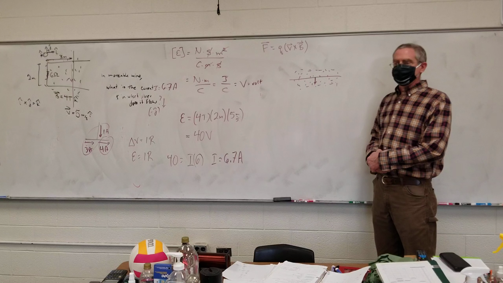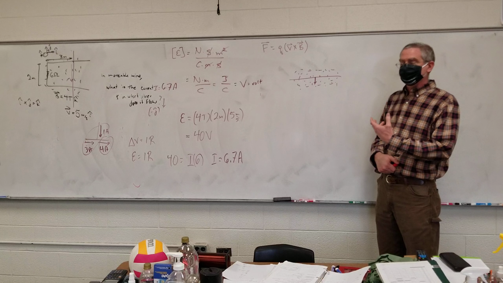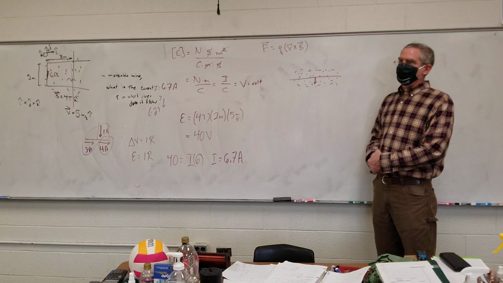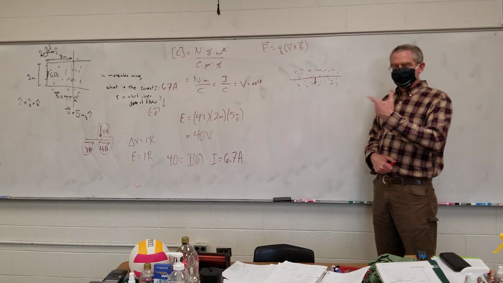Which way will the positive charges move? I did actually say it about 3 minutes ago, but that's the way they're forced. Which way will they move? Oh, they don't move. Not left or right.